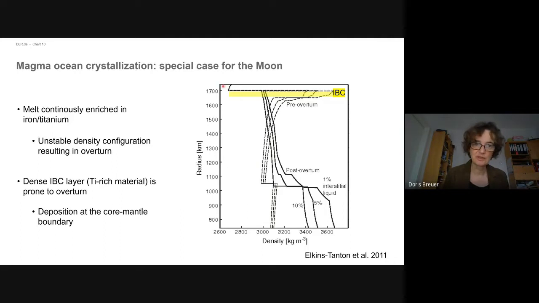These lines here illustrate the density profile after the so-called overturn. At the end, you have a deposition of this IBC layer at the core-mantle boundary, which then has a larger extent simply because we are looking at a sphere, and to fill the same material at the bottom, you need more space in radius.